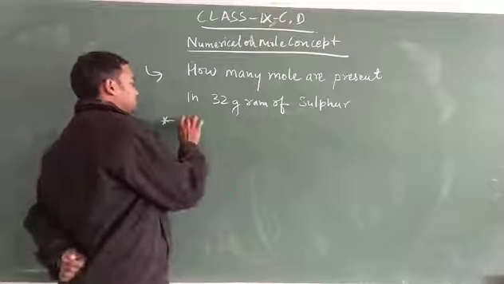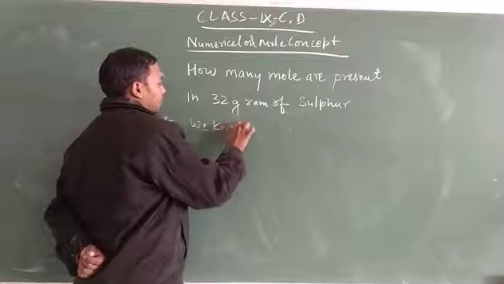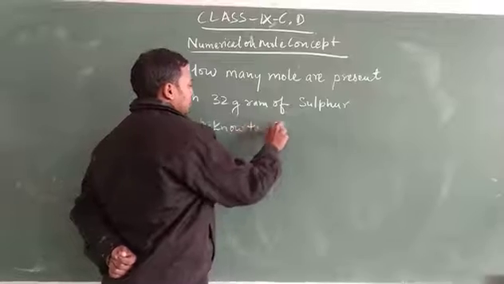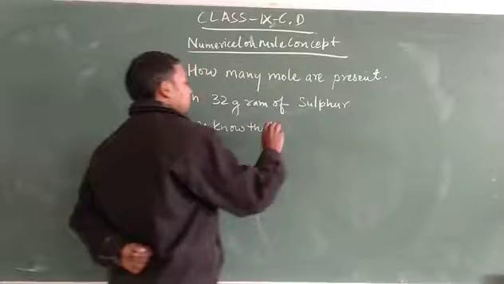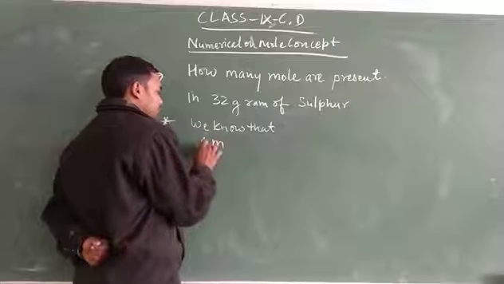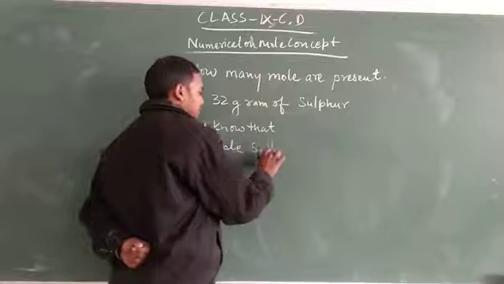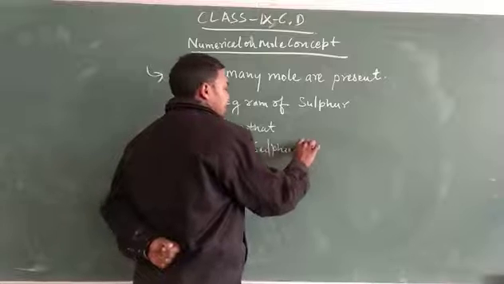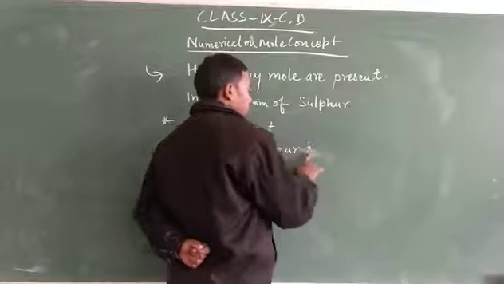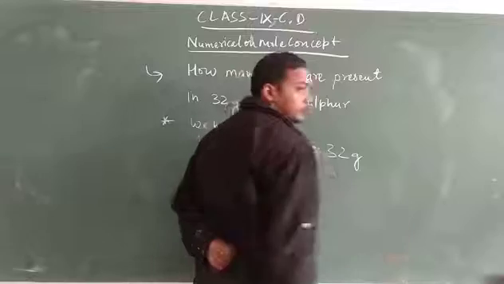We know that 1 mole sulfur is equal to 32 grams.